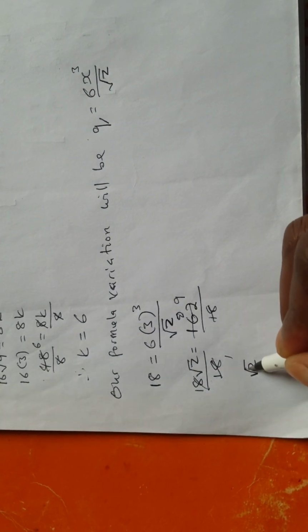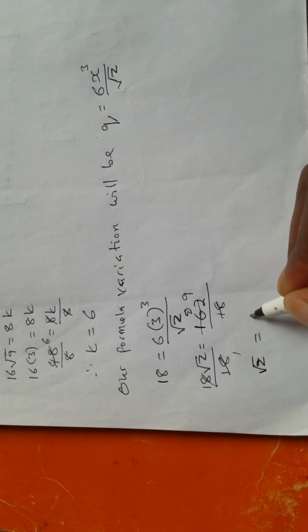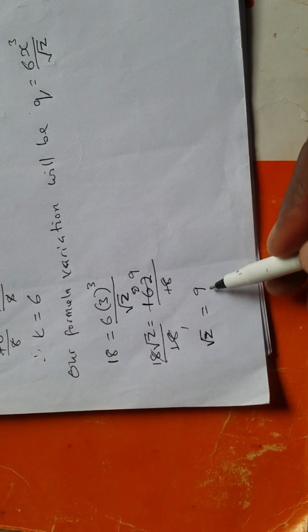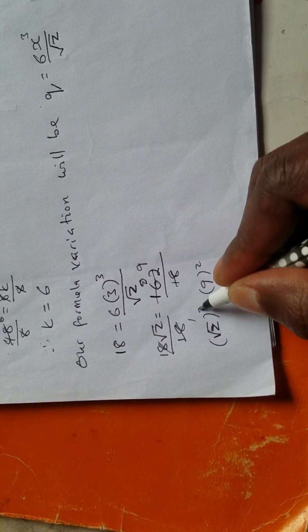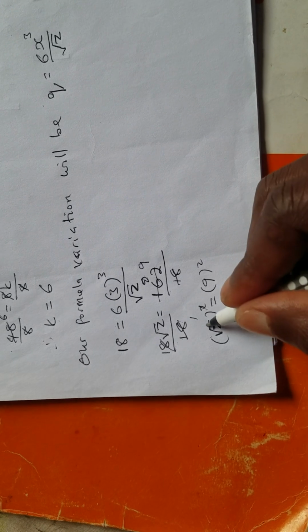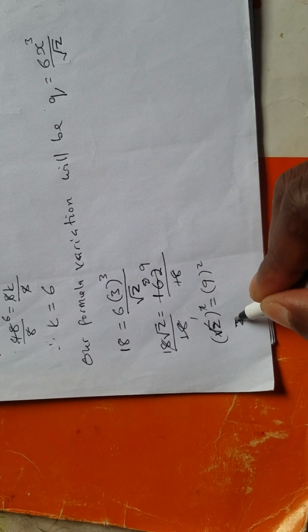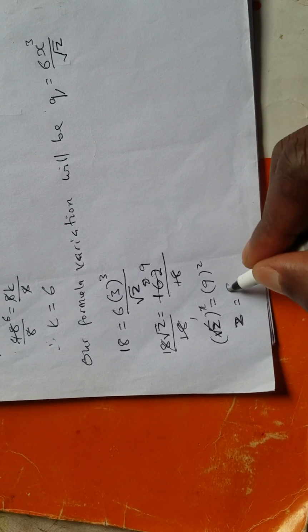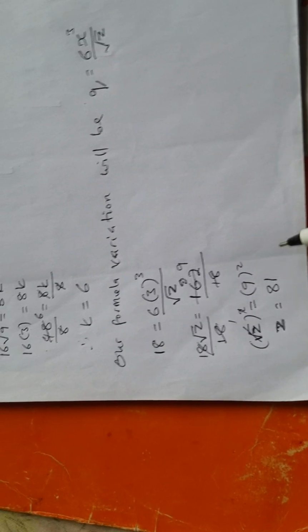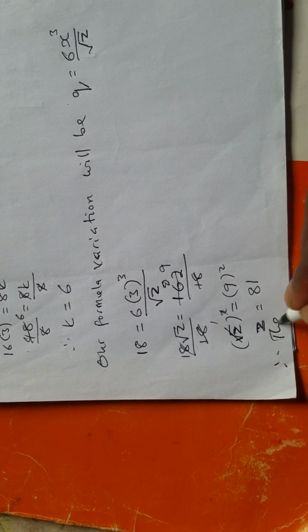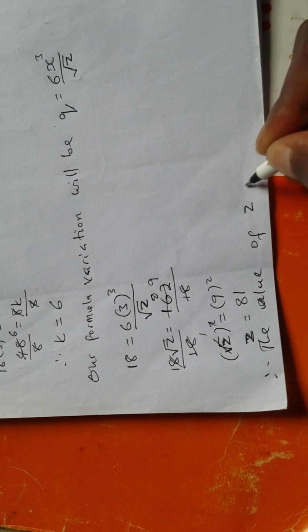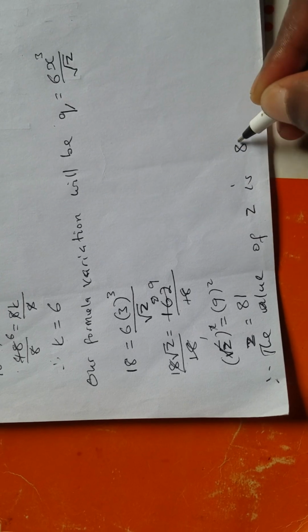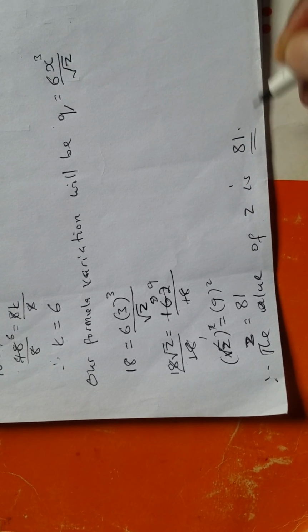Square root of z is equal to 9. If we move the square root to this side, that means we have to introduce a square. So this one cancels with this, and z is equal to 81. So the value of z is 81. This is our answer.